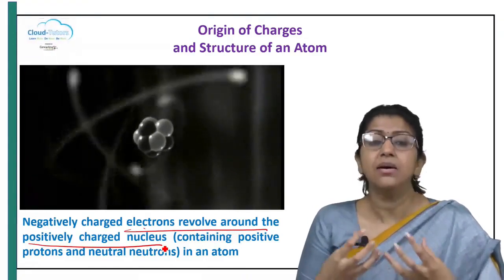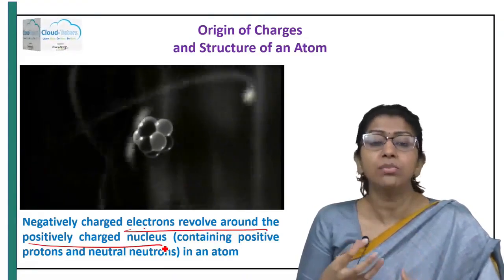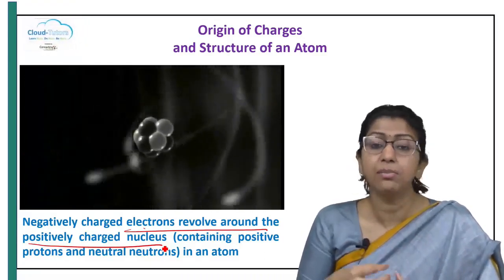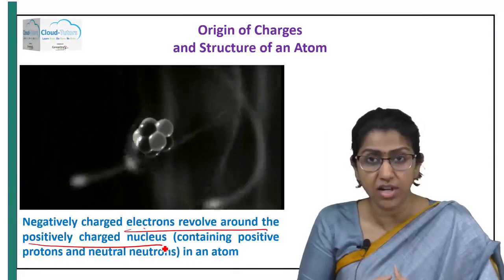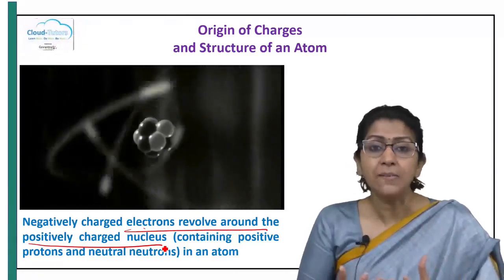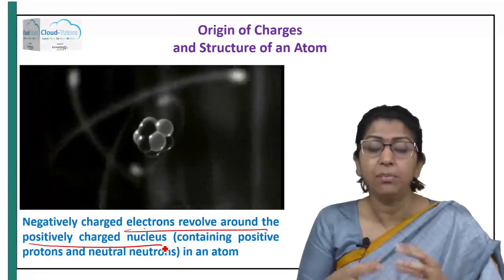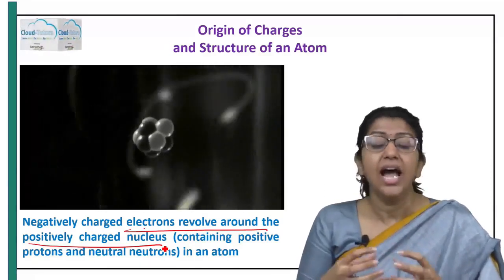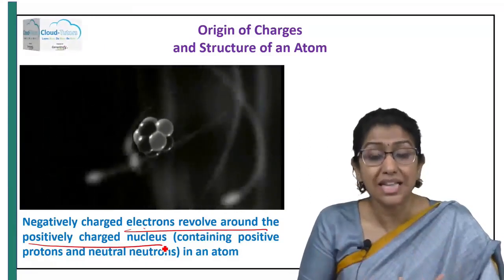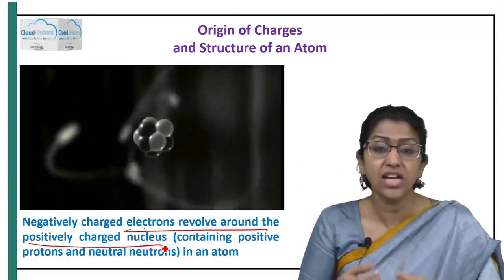So since the nucleus contains both protons and neutrons, and the only charged particles over there are protons, which are positively charged, the nucleus as a whole becomes a positively charged entity. And hence, how is an atom stable, as you would have studied in chemistry?